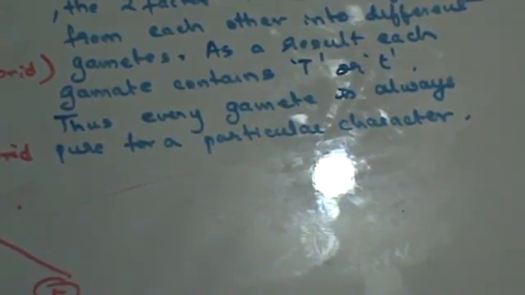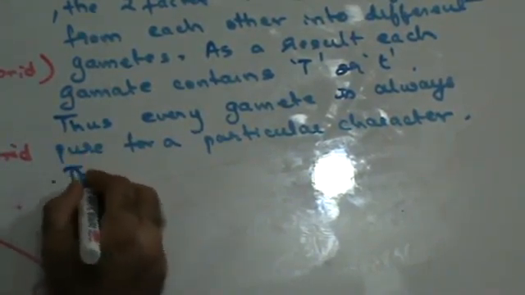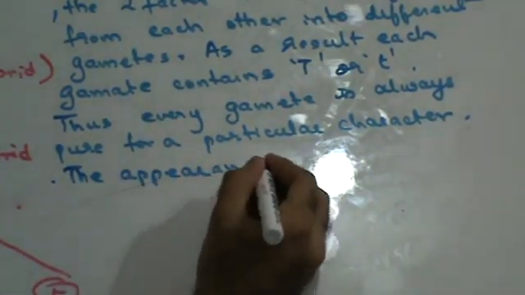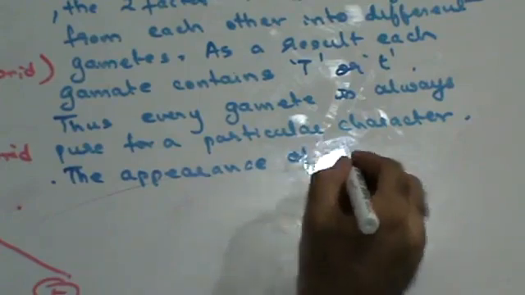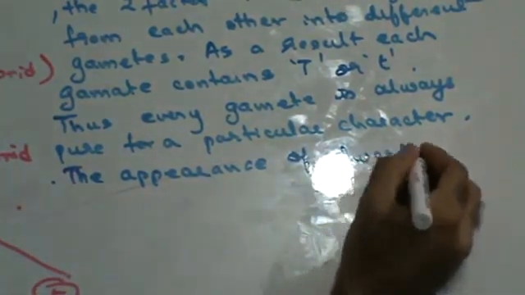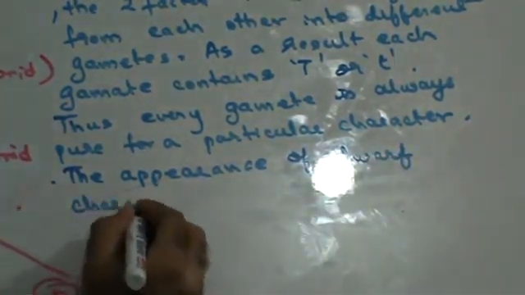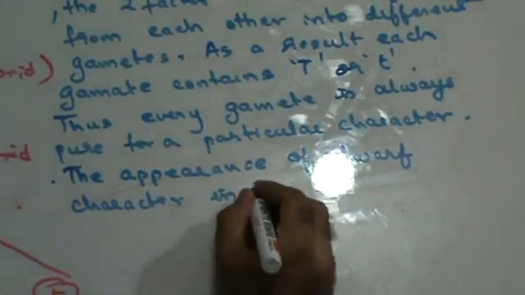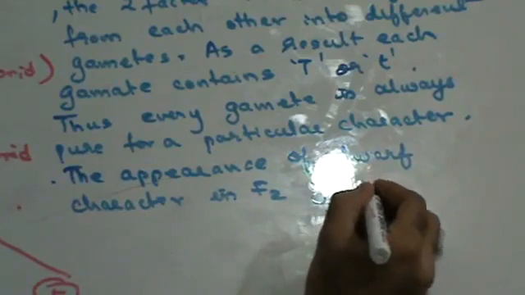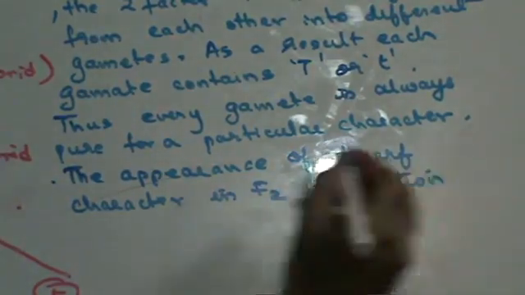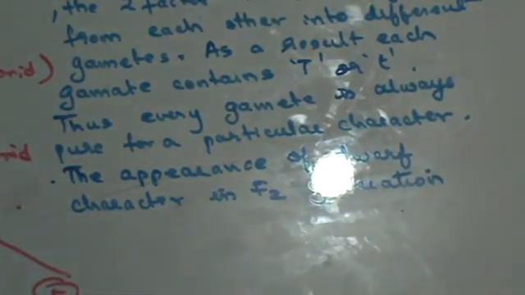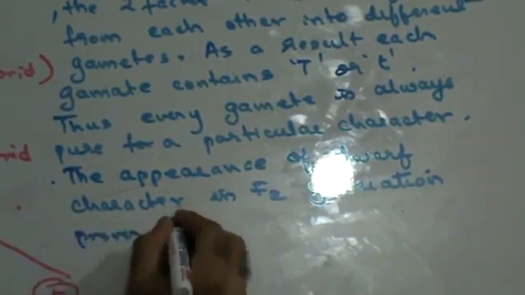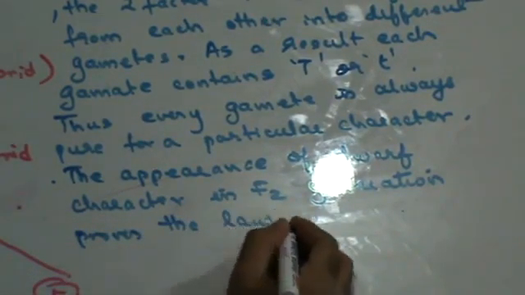Fine. So I can say that the appearance of the dwarf character in the F2 generation proves the law of segregation.